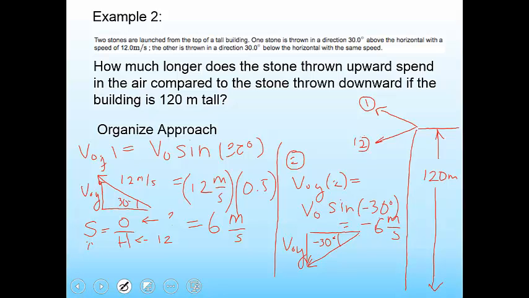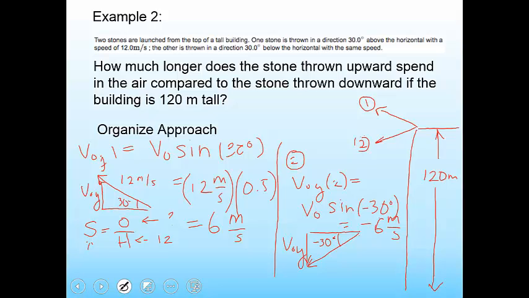So we can see these have the same speed, the same absolute value of the velocity, but different directions, which is given by the plus sign or minus sign. We don't need the velocity in the x direction to do this problem, but if we did need it for a different problem, we could find that by using the cosine of 30 degrees, and you'd find that it was the same.